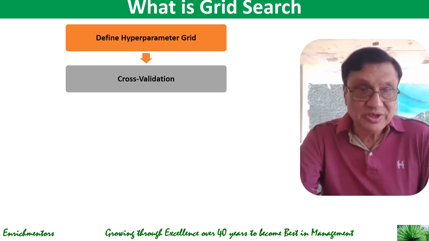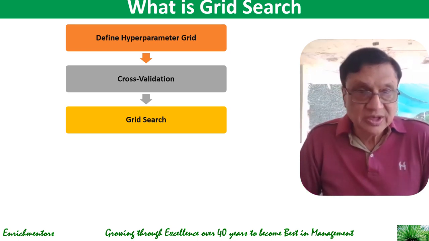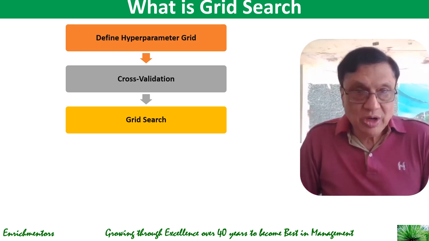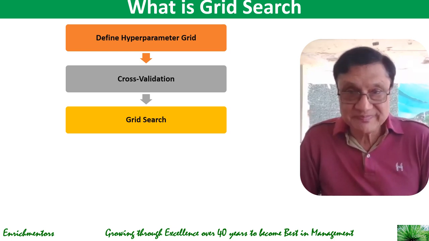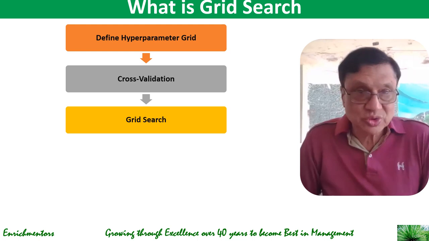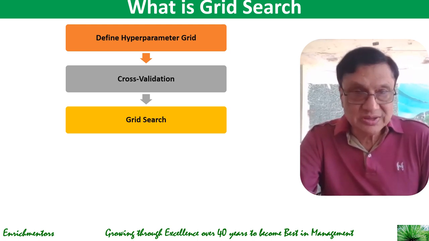Then for each combination of hyperparameters in the defined grid, you train a model using the training data with the current hyperparameter values, evaluate the model performance using the validation data, and record the evaluation metrics, accuracy, F1 score, etc., as applicable. And you repeat this process for all combinations of hyperparameters in the grid.